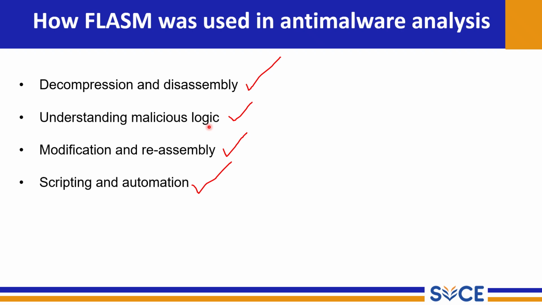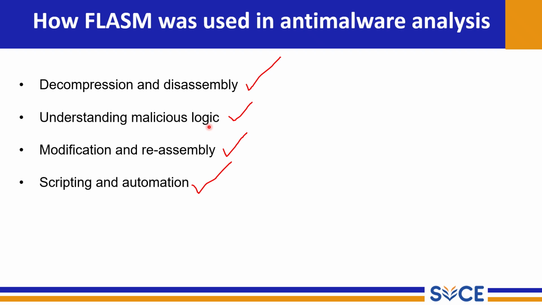And next, exploiting vulnerabilities: locating the specific code attempting to trigger a known vulnerability in the Flash player. And next, obfuscation techniques: uncovering how the attackers attempted to hide their code by observing how the ActionScript was manipulated and decrypted at runtime.